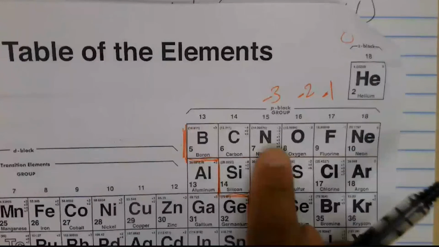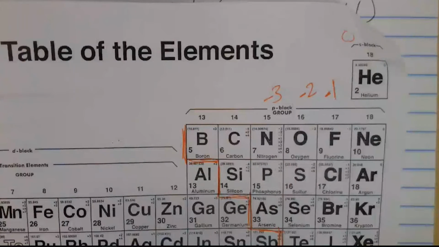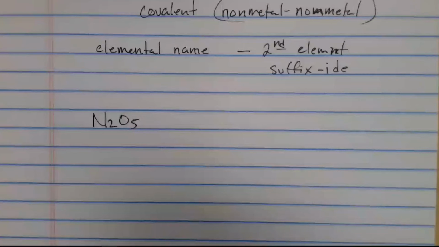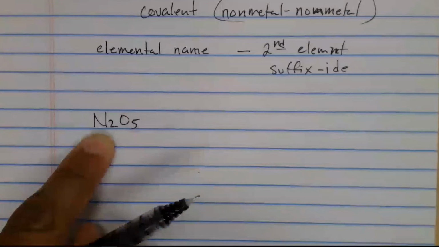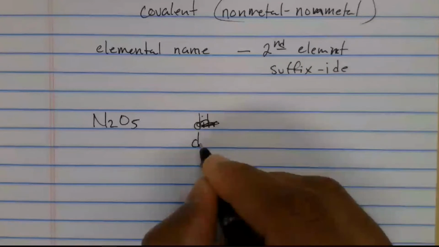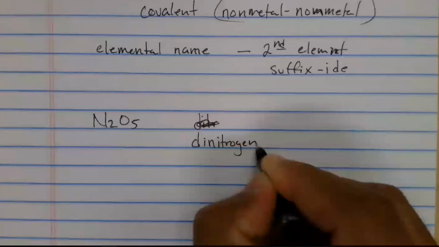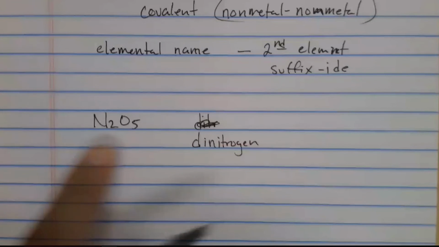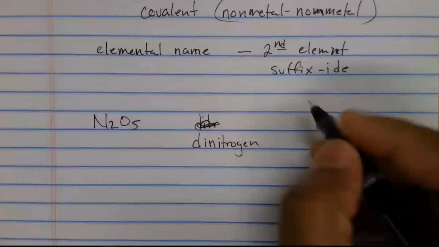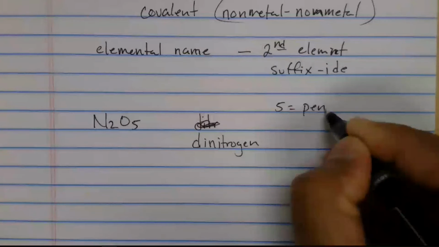When it's nonmetal, nonmetal, you just use prefixes. So for nonmetal, nonmetal, there's 2 nitrogens, dinitrogen. There's 5 oxygens. The prefix for 5 is penta.